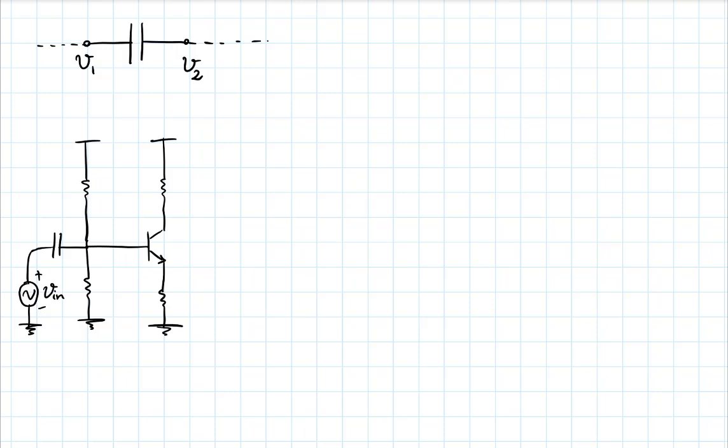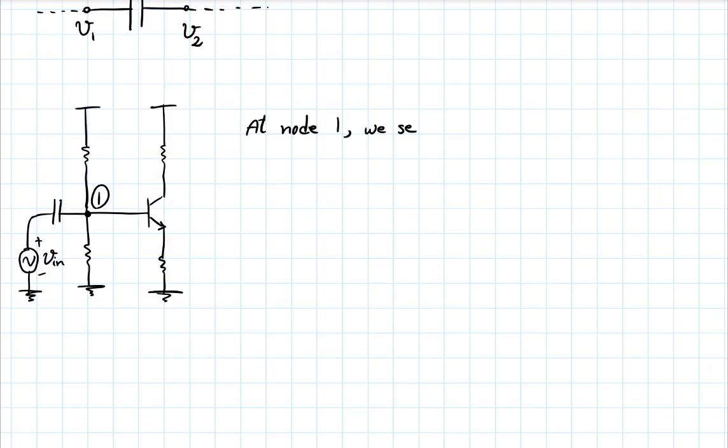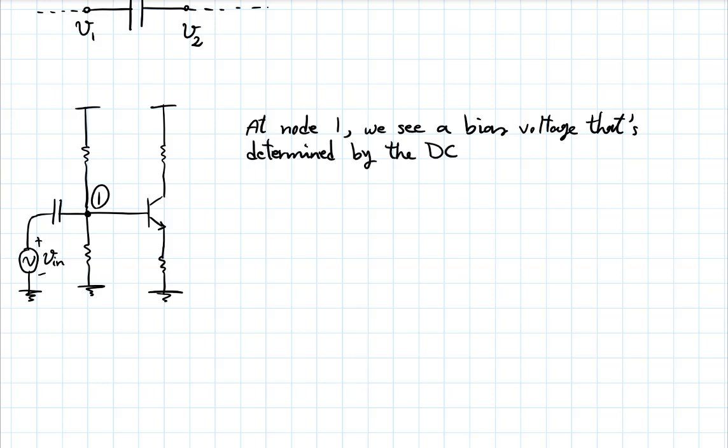So effectively, at this node, we see a DC or bias voltage that's determined by the DC behavior of the circuit.